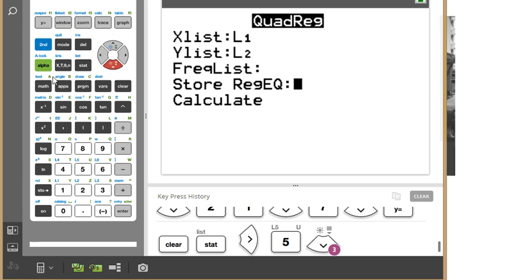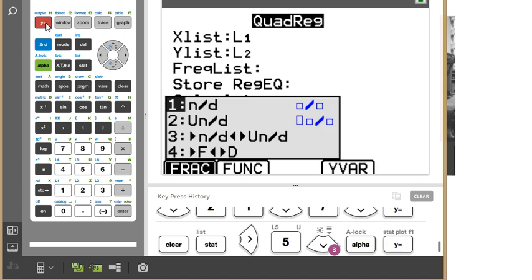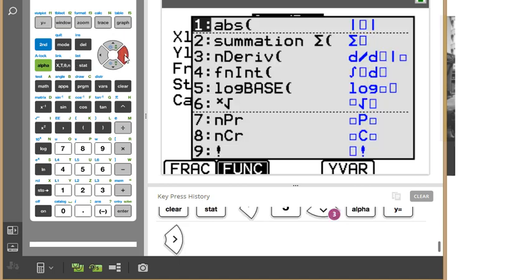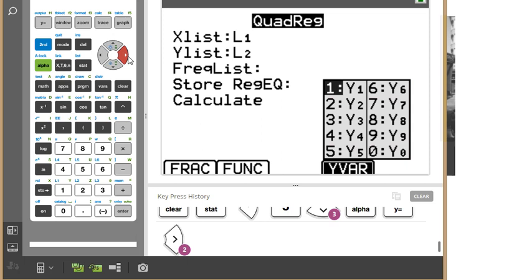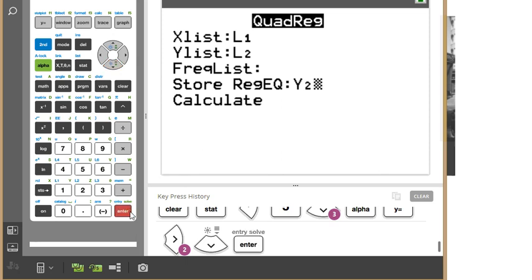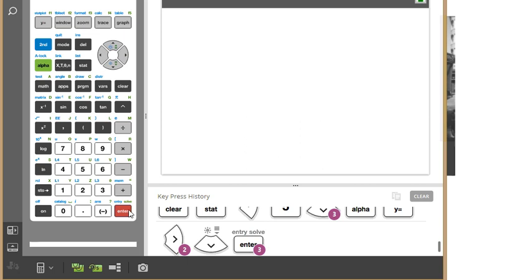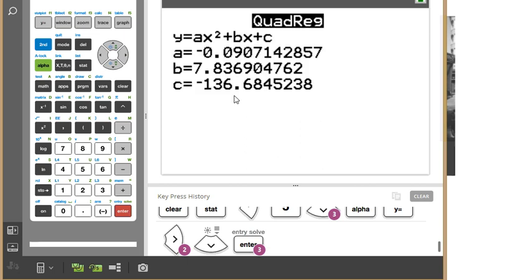Okay, store the equation. I'm going to go to Alpha, Y equals, and go to the right twice. This time I'm going to go down to Y2, I think the red function here. Press enter, enter, and then calculate.